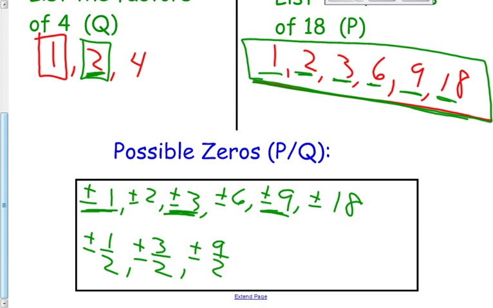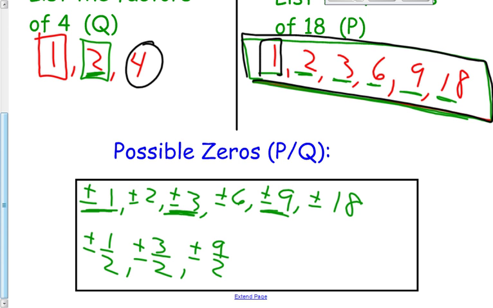Okay, last thing, we have to place all of these now over the last factor of q, which is this 4 right here. So 1 divided by 4 is plus and minus 1/4. Now we have 2 divided by 4, which is 1/2.